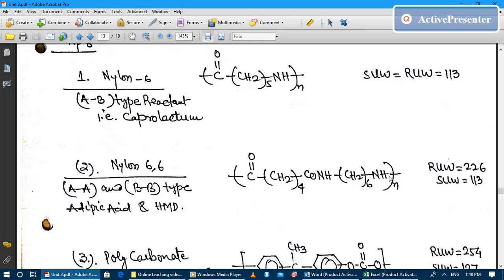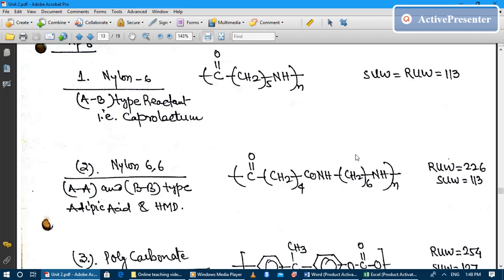and the functional group you can see is NHCO. So these are the amide functional groups present in the polymer. That's why this polymer is known as polyamide. And if you calculate the repeating unit weight of this entire unit, it is 226.